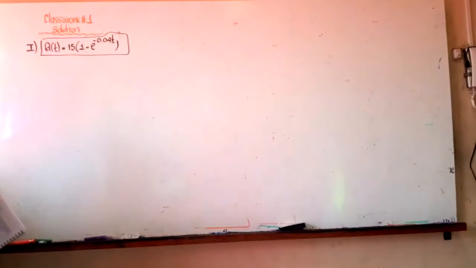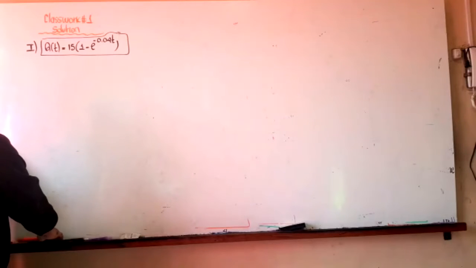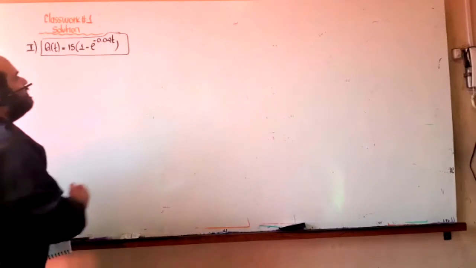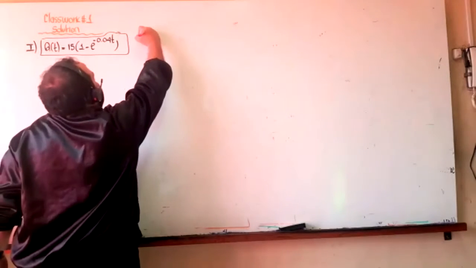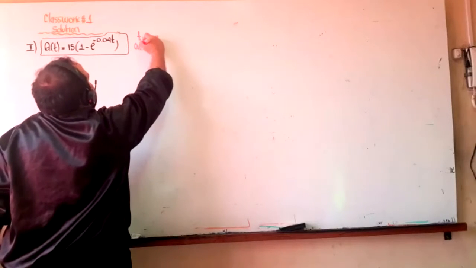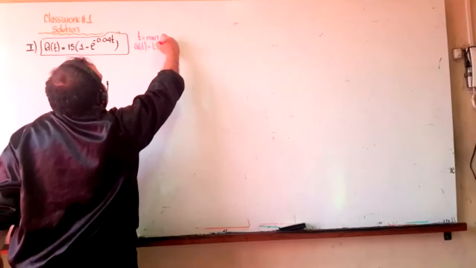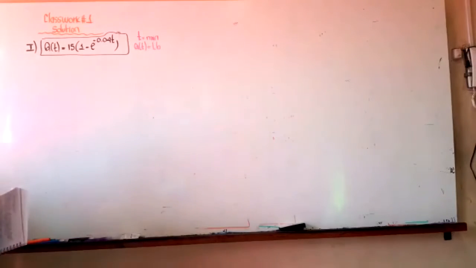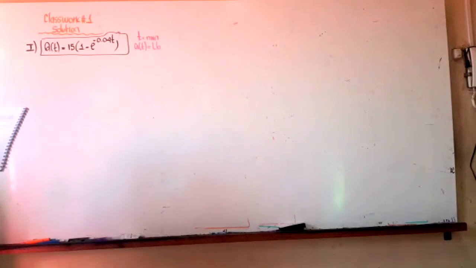The problem clarifies that t is measured in minutes. So t represents the time in minutes, and Q(t) represents the quantity of salt in pounds. This is what the problem says. So we have two questions.